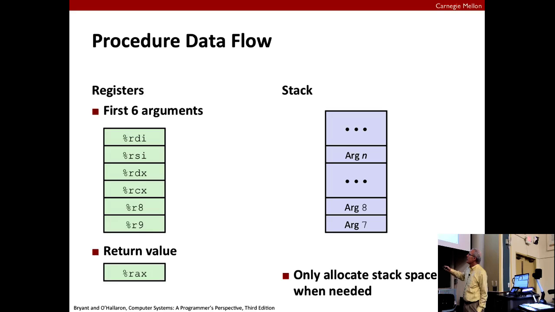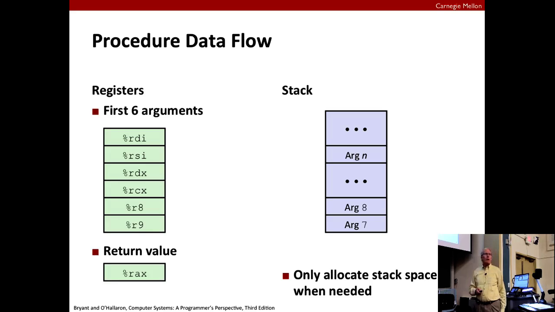The return value is returned in register RAX. By the way, this is all for arguments that are either integers or pointers. Floating point values are passed in a separate set of registers. So for now, assume we're just dealing with integer and pointer data.